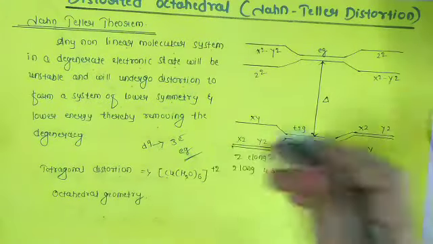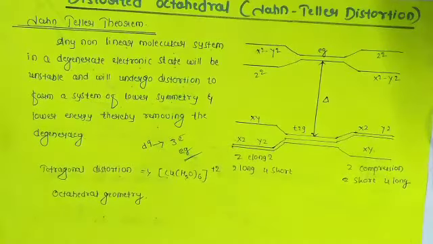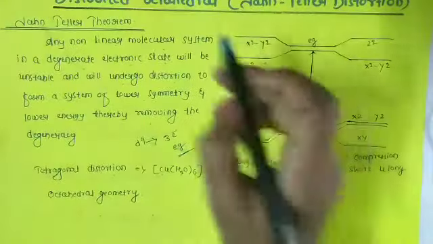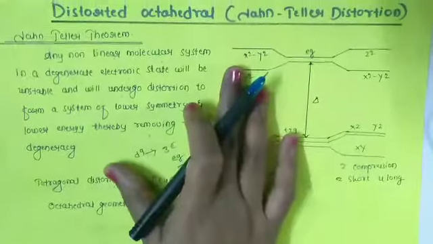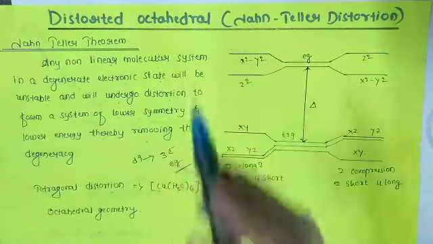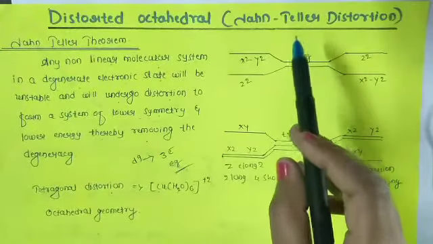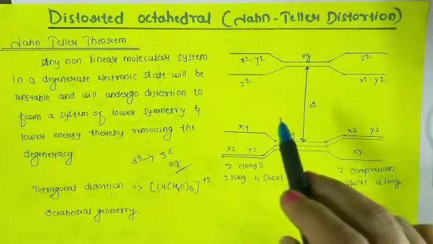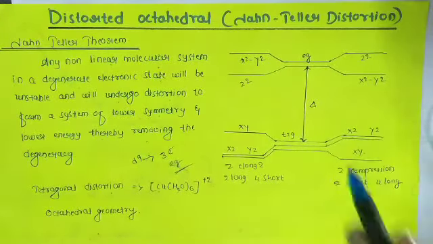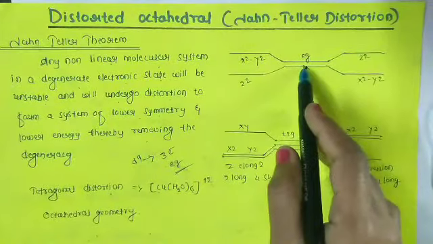In octahedral complexes, the Jahn-Teller effect is most pronounced when an odd number of electrons occupy the eg set of orbitals.